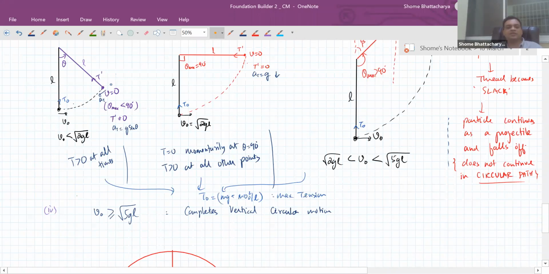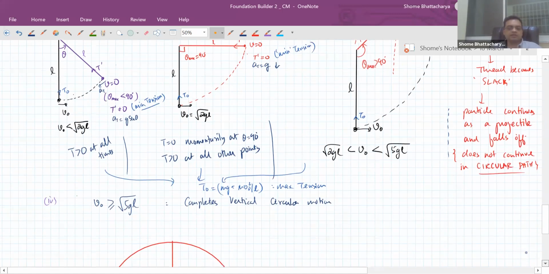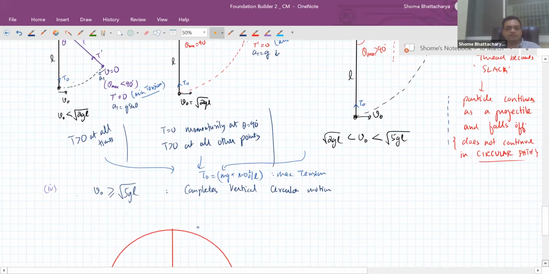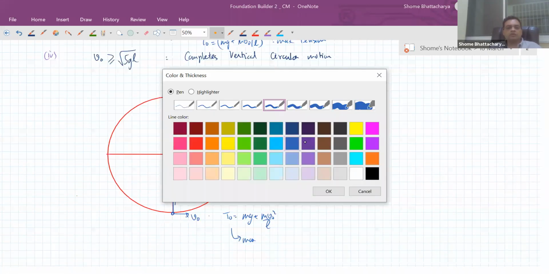But more critical was the minimum tension. So here this T prime is the minimum tension. Here this T prime equal to 0 is the minimum tension. The minimum tension is going all the way to 0. Here also the tension is going all the way to 0 in the third case. And in the fourth case, if we have given a V naught greater than root 5gL, then it is definitely going to reach the highest point.